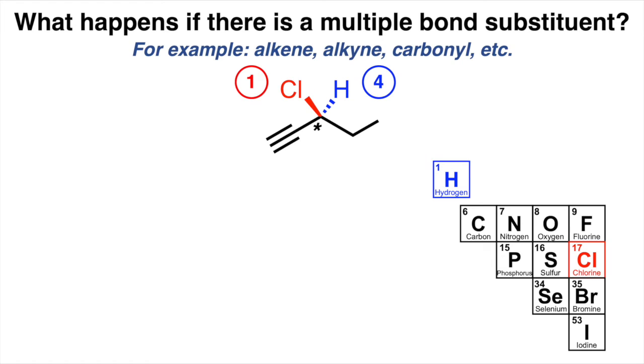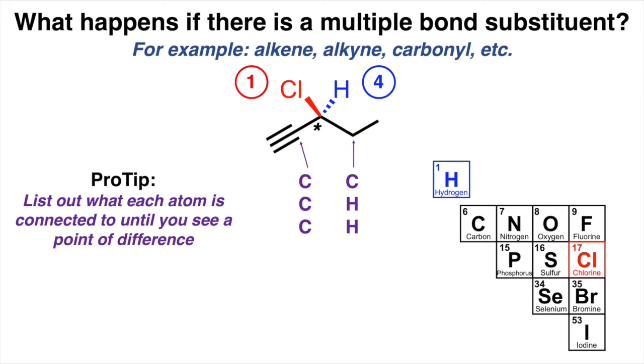But how do we assign priorities to the alkyne and the ethyl group when both atoms connected to the chiral center are carbon atoms? And if we look until there's a point of difference, the atoms for both substituents seem to be the same. So alkynes can be seen as being connected to 3 carbon atoms.